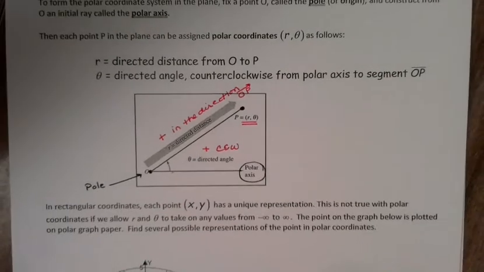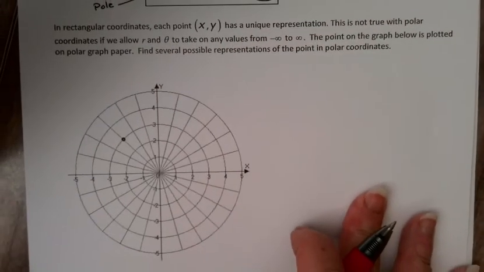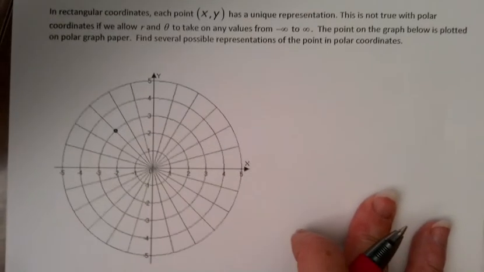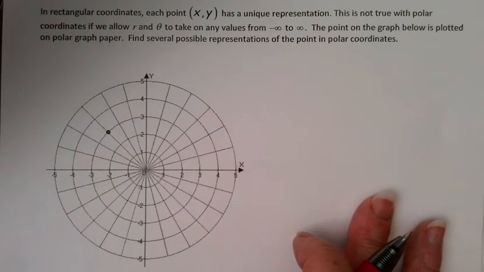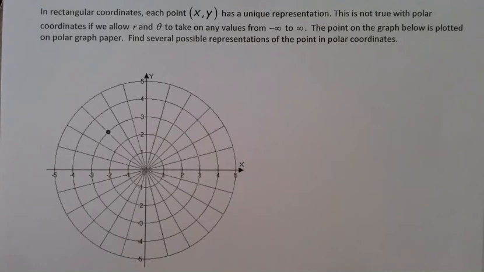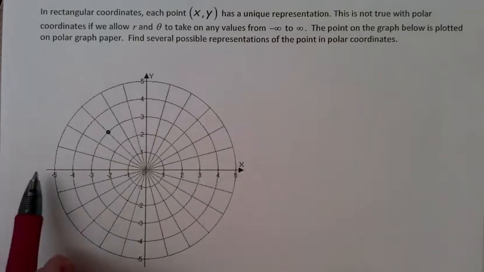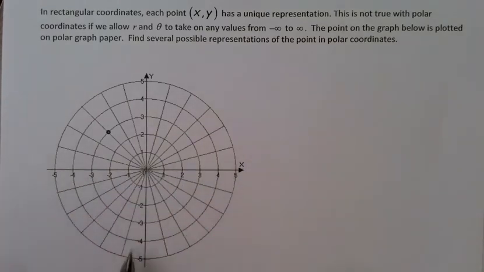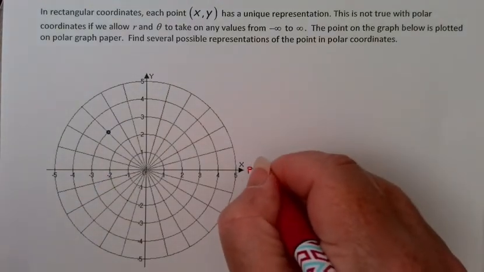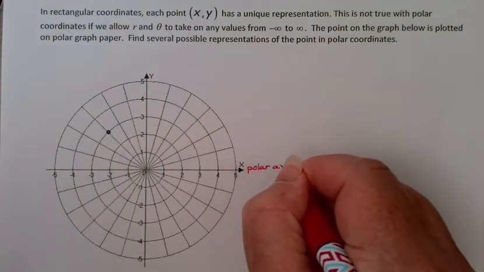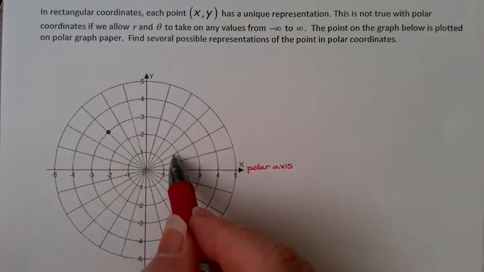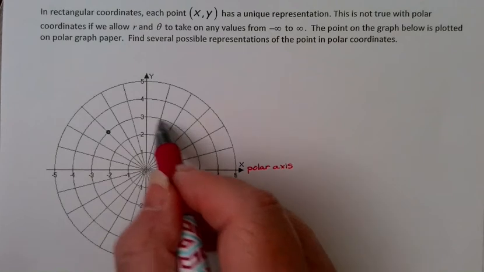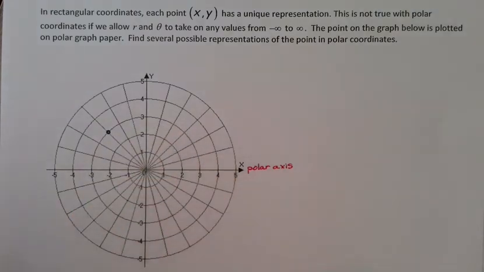First of all, let's take a look at this plot. This point is plotted on polar graph paper. You'll notice with polar graph paper, I still have my axes that I originally labeled x and y, but this is now really the polar axis. The circles or rings are all different r values, right?